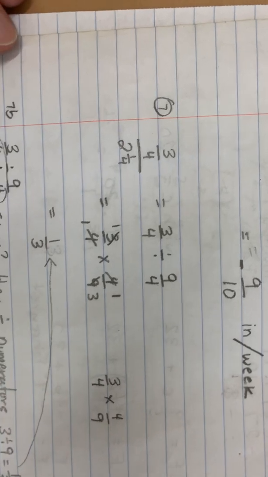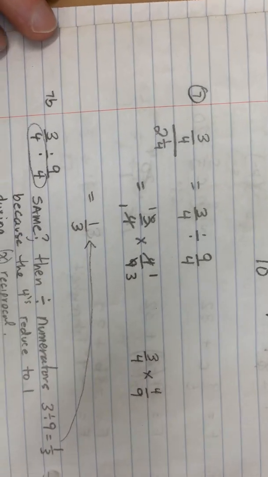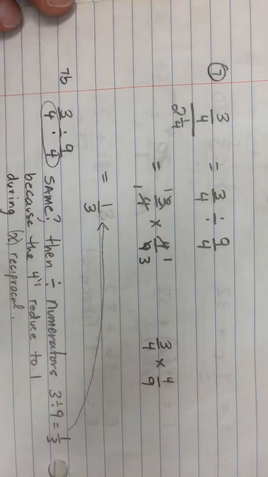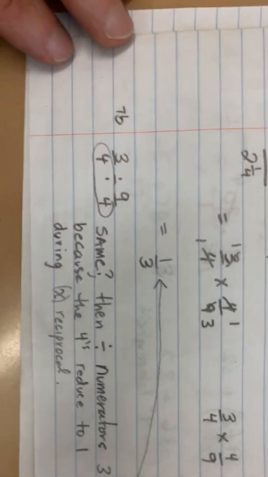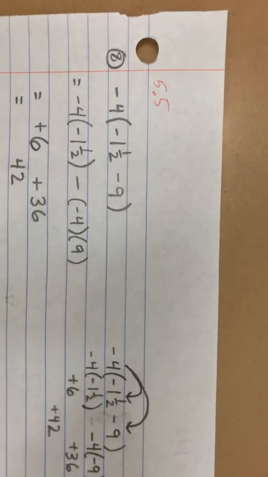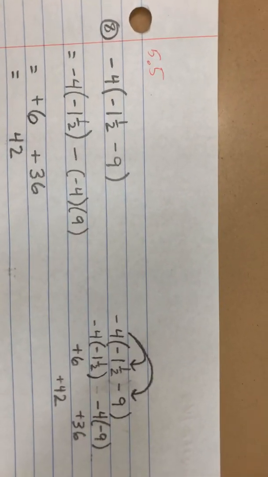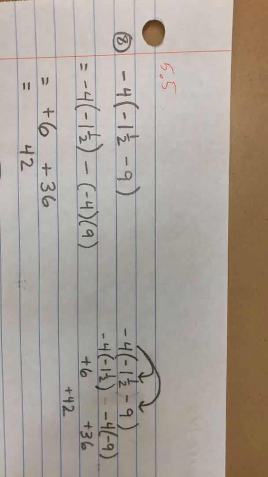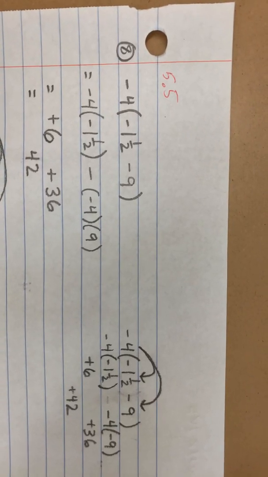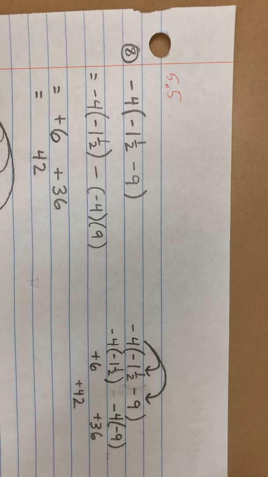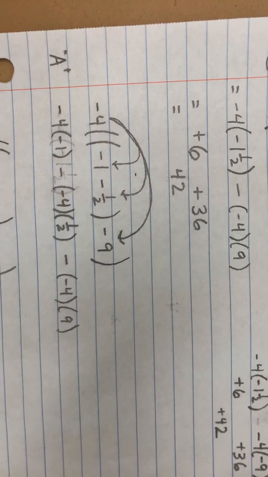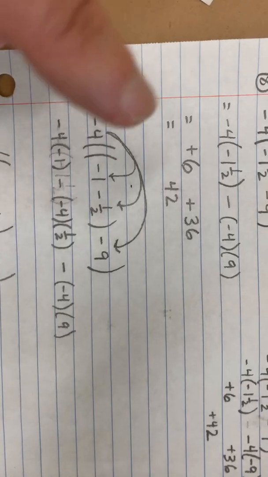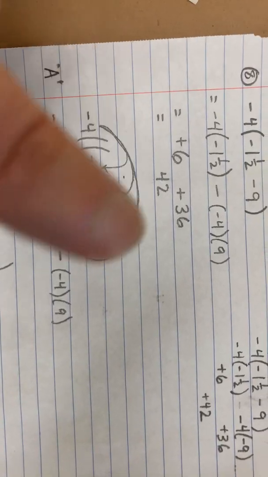Number 7 part B. I'll zoom in on those words. Number 8, I showed 2 different methods. At first glance, they look the same to me. Those arrows I'm saying are multiplication problems.